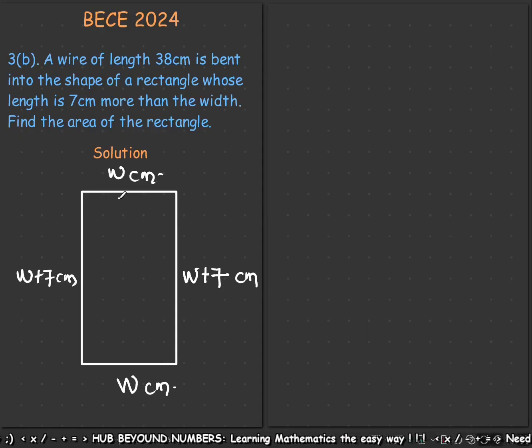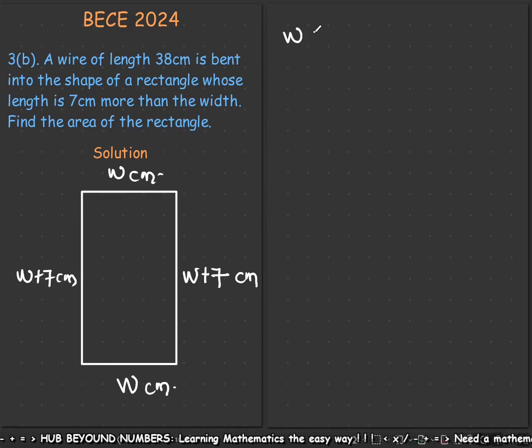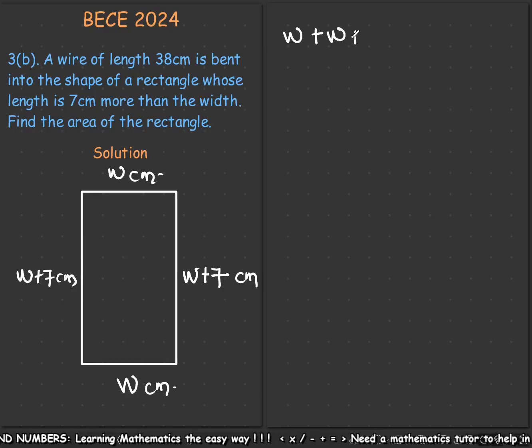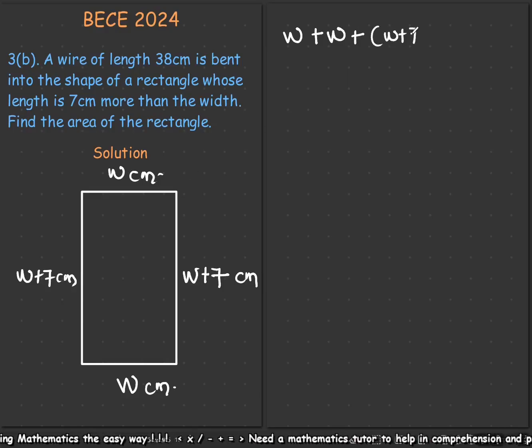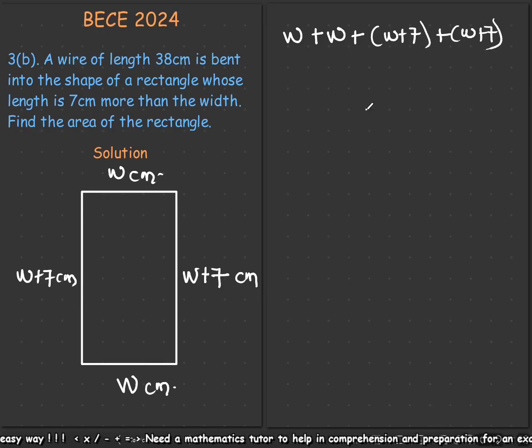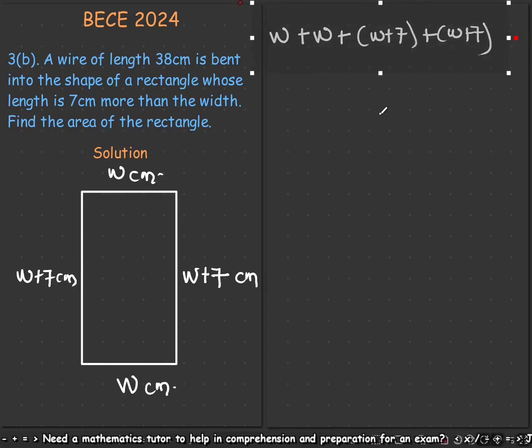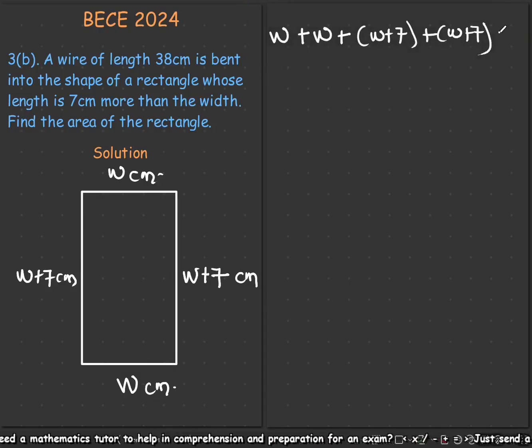If we add W to this W, and then add the length, that is W plus 7 plus W plus 7, we are supposed to get 38. So it is equal to 38.